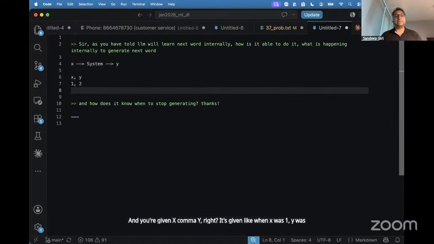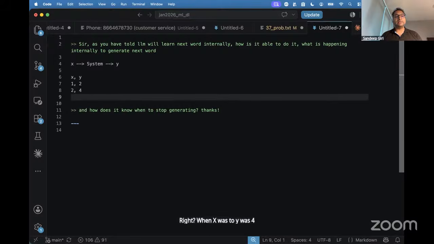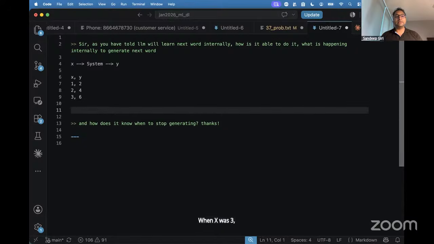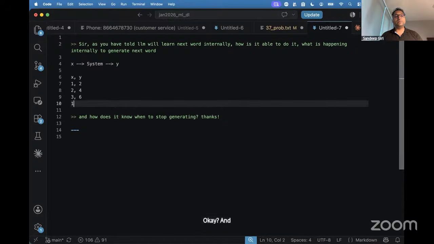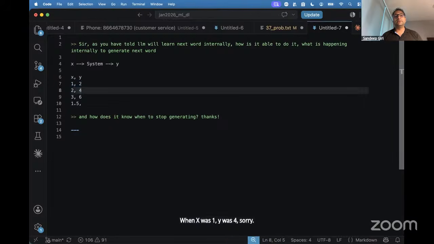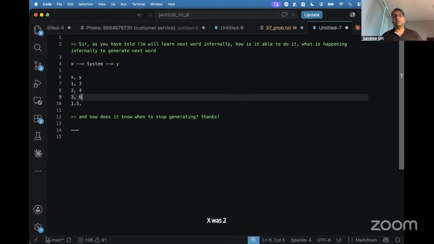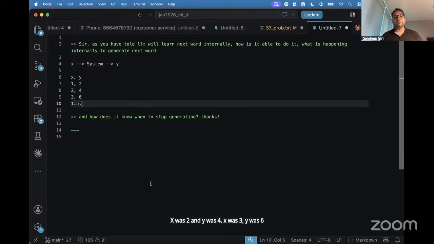When X was 2, Y was 4. When X was 3, Y was 6. And when X would be 1.5, what will be Y? Quickly. Exactly, so the answer is Y will be 3. Correct?